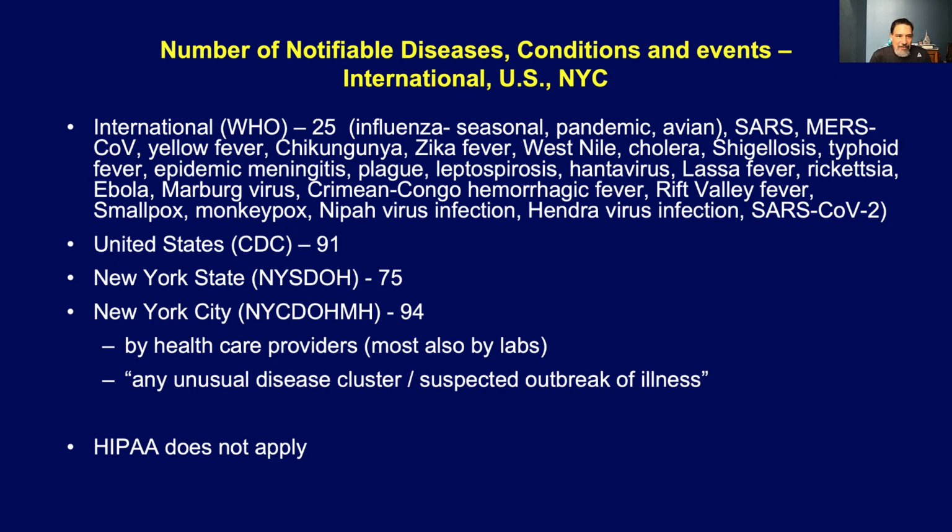And at the CDC level, the federal level in the US, there are about 91 things listed on their list of notifiable diseases. And if you look at New York State, it's about 75, and there are more in New York City. Actually, local jurisdictions have to do what their state health department and state health regulations say, but they can also do more. And so that's what we're seeing here in New York City.